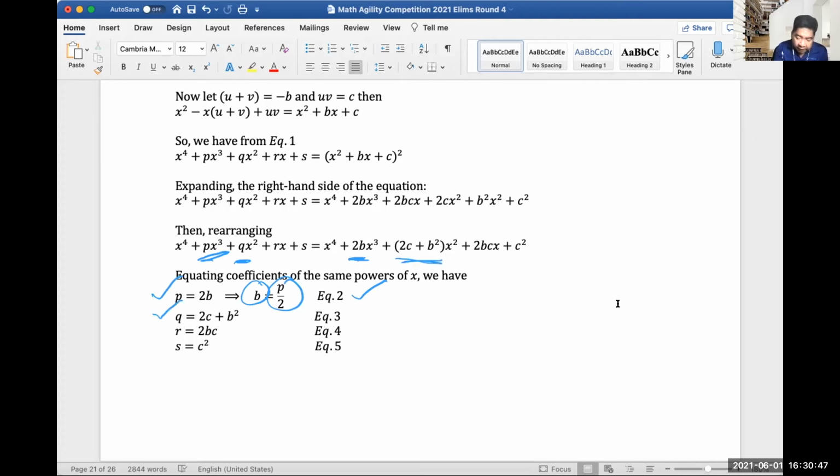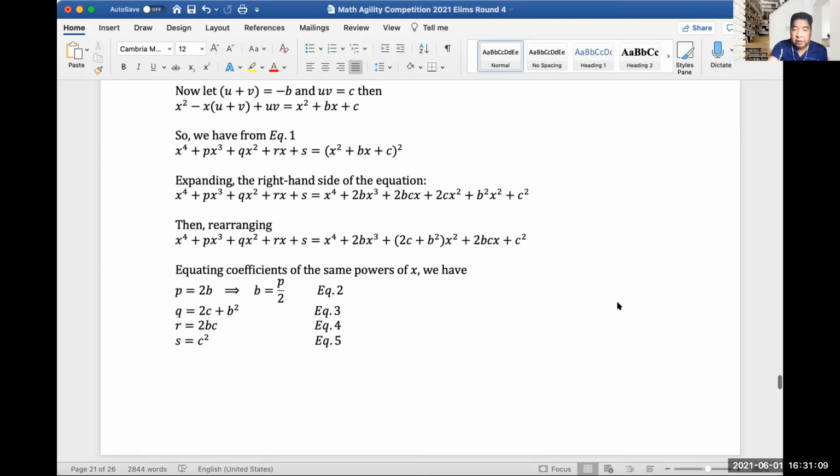That's equation 3. Then our r is equal to 2bc, which is our first degree x. That's equation 4. And last is the constant s, which is equal to c squared. That's equation 5, right? So let's move to the second page.